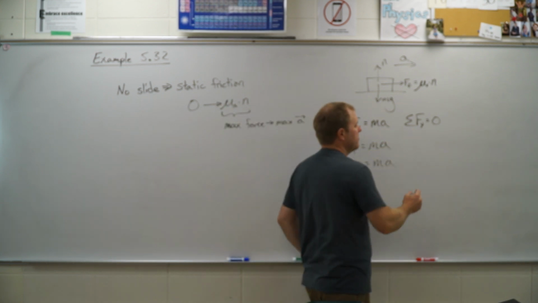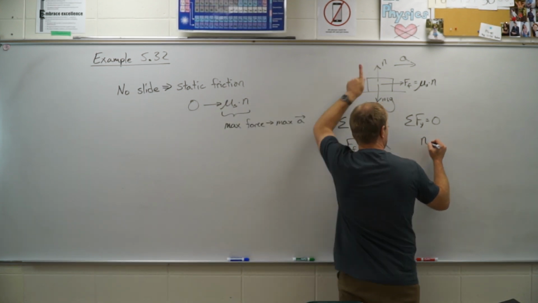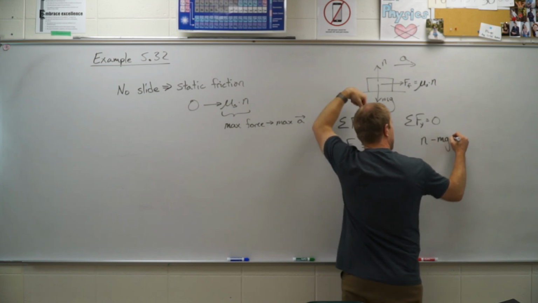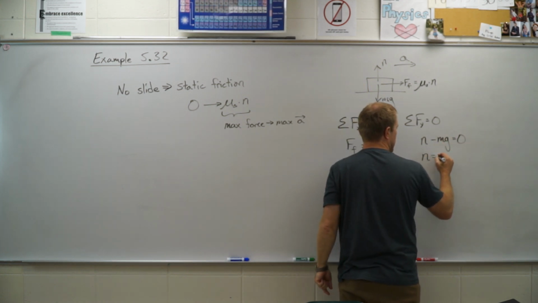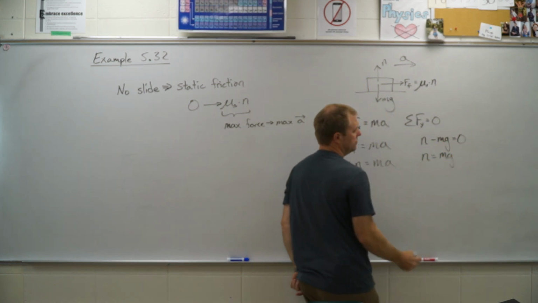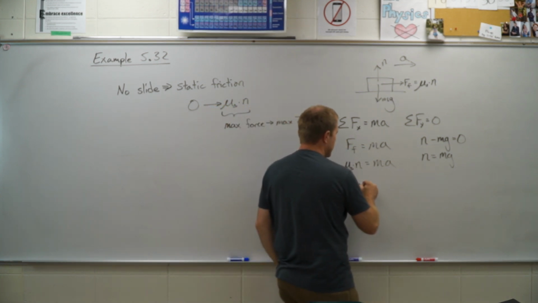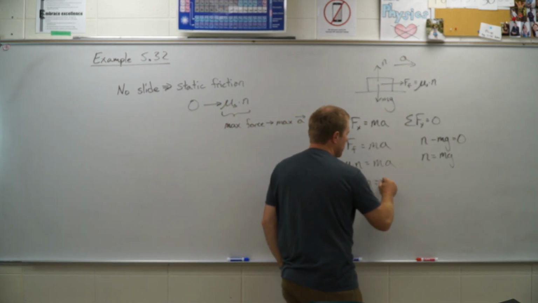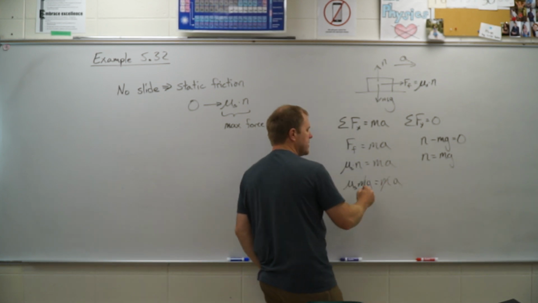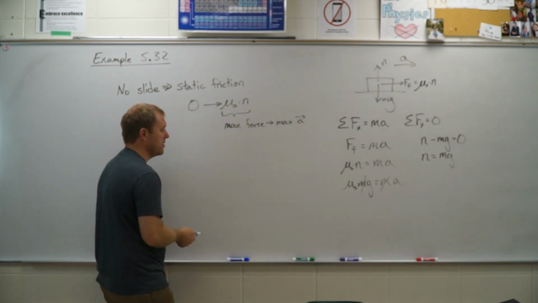So the normal force I can find in my y direction. So I have normal force pointing up minus mg pointing down means the normal force equals mg. Make that substitution. So now I have mu sub s times mg equals ma, and I see the masses cancel. Now I know my acceleration.